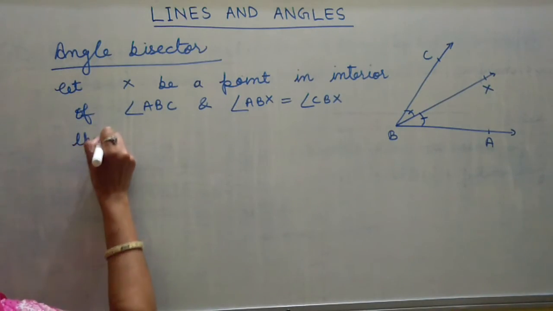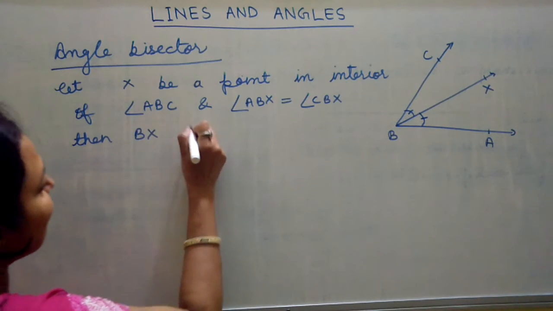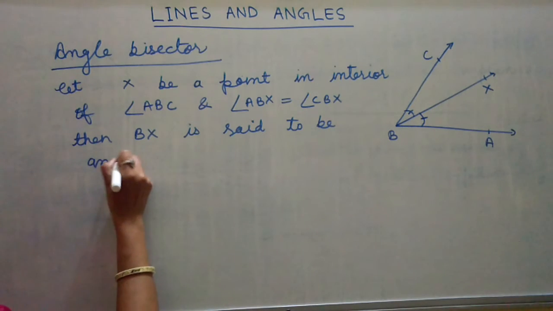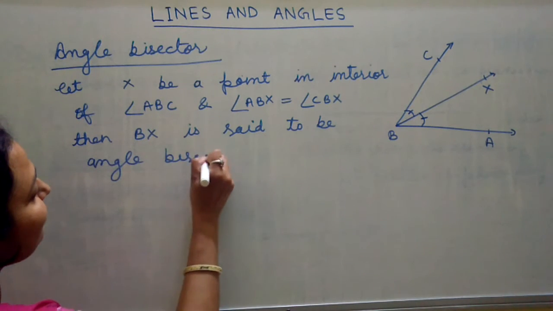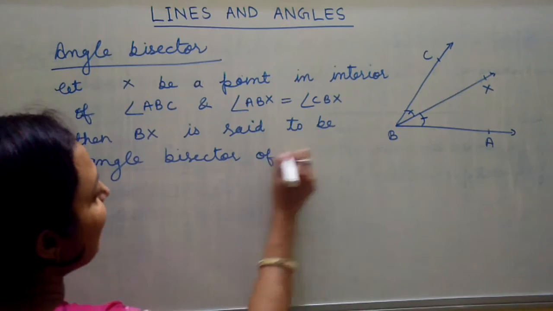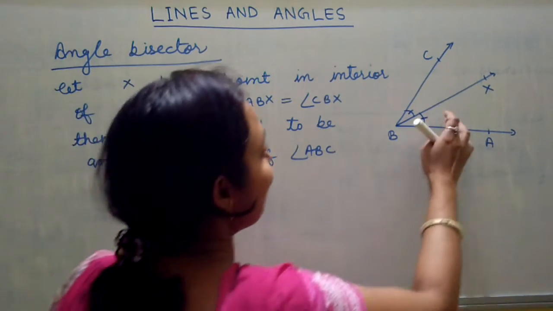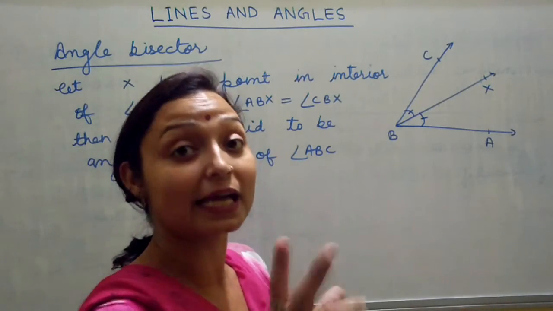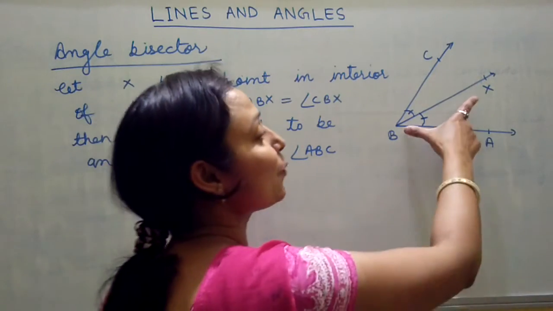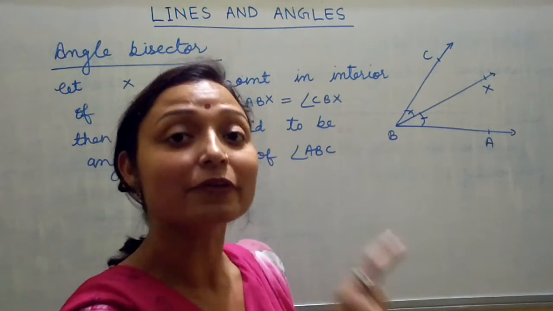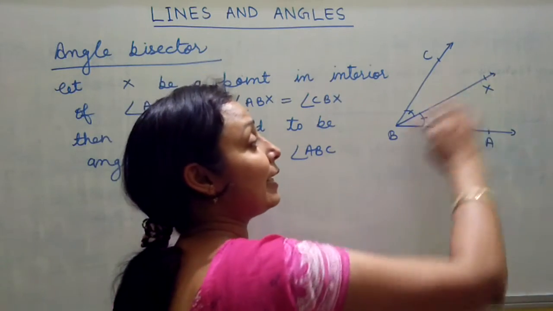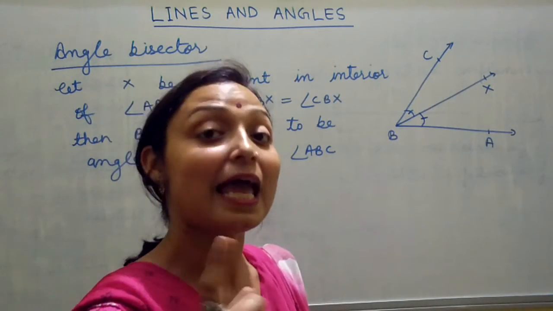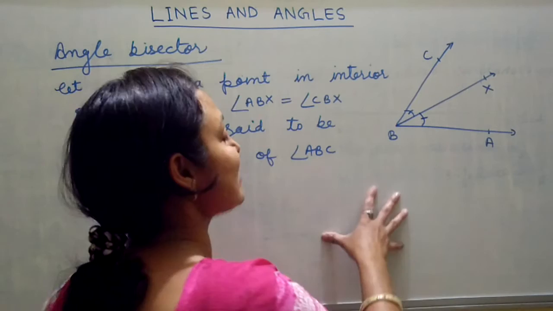Then BX is said to be the angle bisector of angle ABC. The ray which cuts the angle into two equal parts is known as the angle bisector of that angle. Okay, so this is the angle bisector.